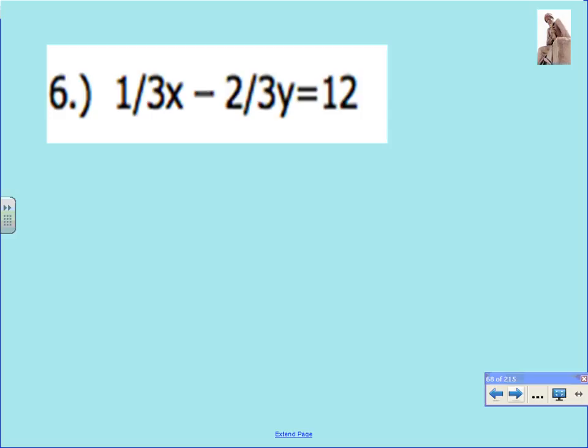You forgot to do something to the 12. You're close. Think about how to get rid of this 2. Something's wrong. That's not right. You distributed by 3 wrong. That's why. Good job. Something's wrong with the 6. Or the 12, actually, is what I should say.